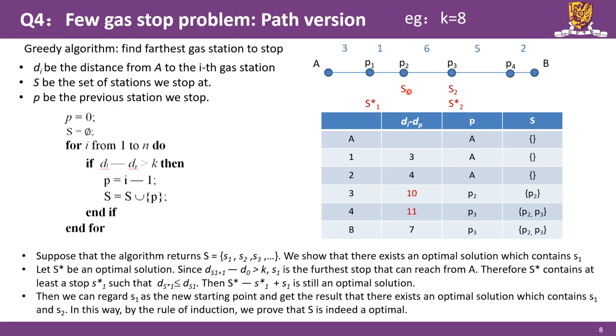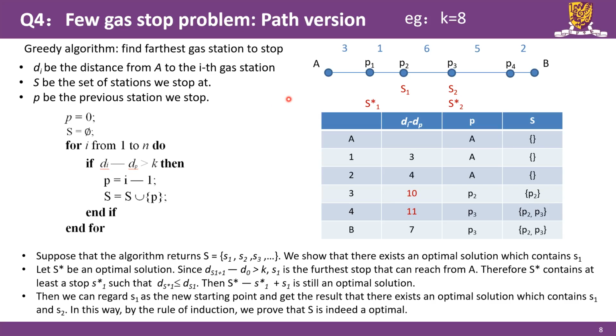And we should know that there is more than one optimal solution for this particular case. For example, we can always choose another optimal solution that we stop at P1 and P3. This is also valid, and the number of gas stops doesn't change.